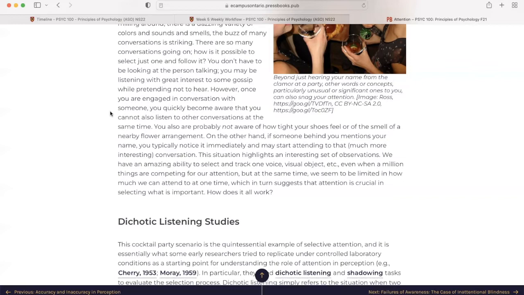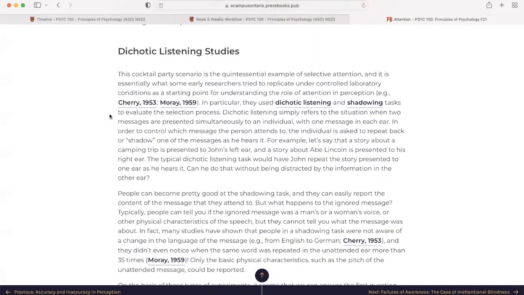We have an amazing ability to select and track one voice, visual object, etc., even when a million things are competing for our attention. But at the same time, we seem to be limited in how much we can attend to at one time, which in turn suggests that attention is crucial in selecting what is important. How does it all work?